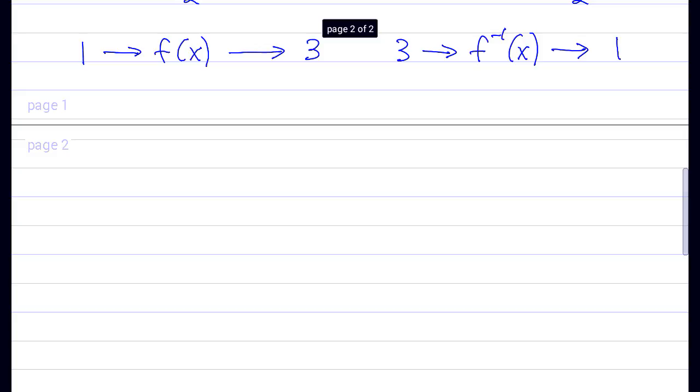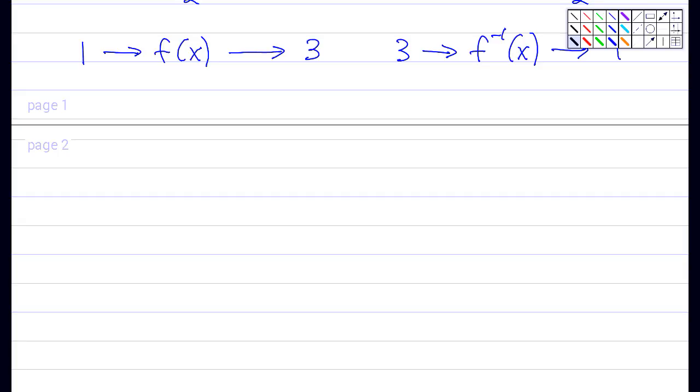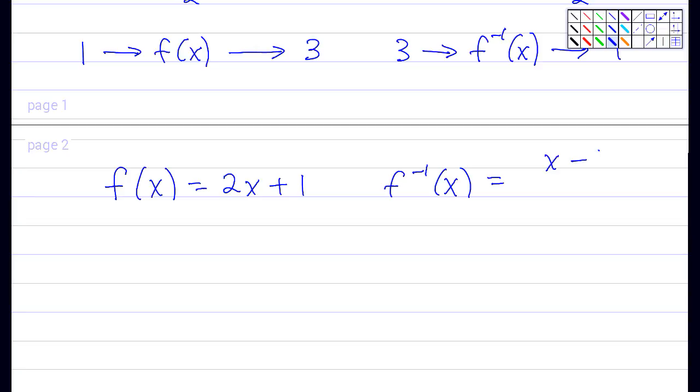Okay, let me see how I would actually do this for all numbers. So we take our function, which remember is 2x plus 1, and our inverse function, which is x minus 1 over 2. What we're going to do is take the composition of this function with this function.